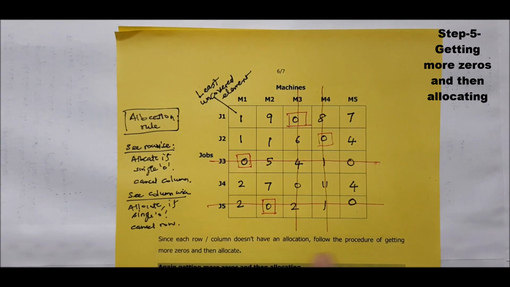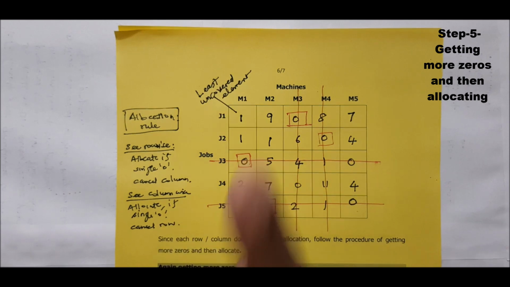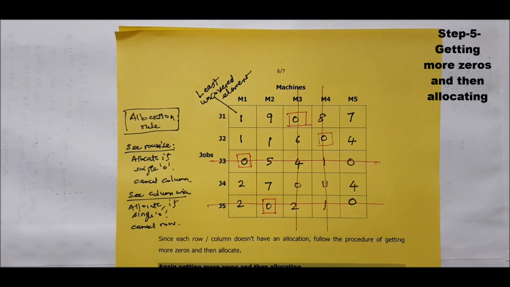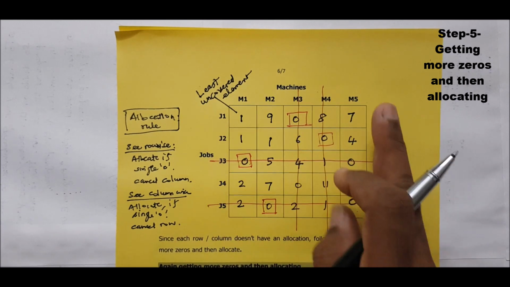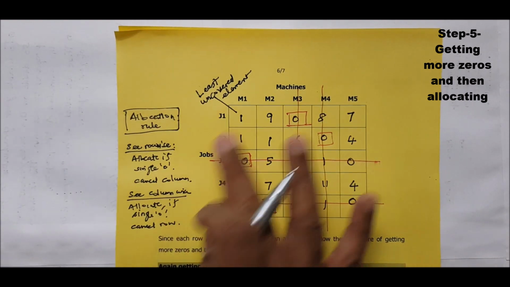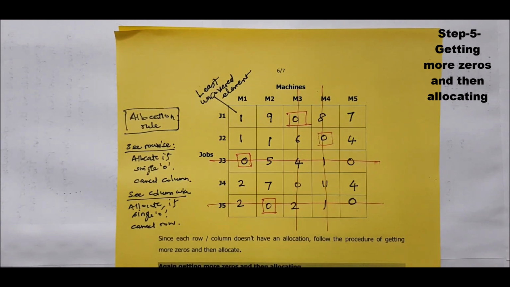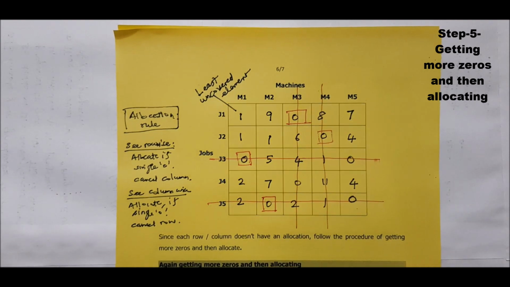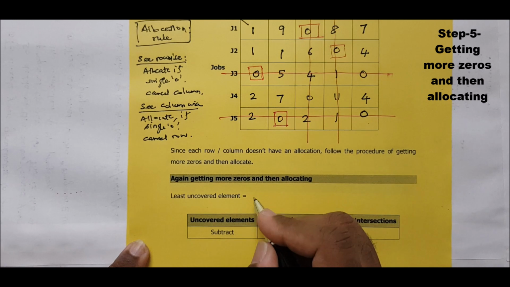See, writing all these things will give any person a very clear idea that you know what you are doing. Just by filling up the values, you cannot convey that idea. So, see that the procedure is being written at least as a hint. So, least uncovered element, this one only I am writing here.